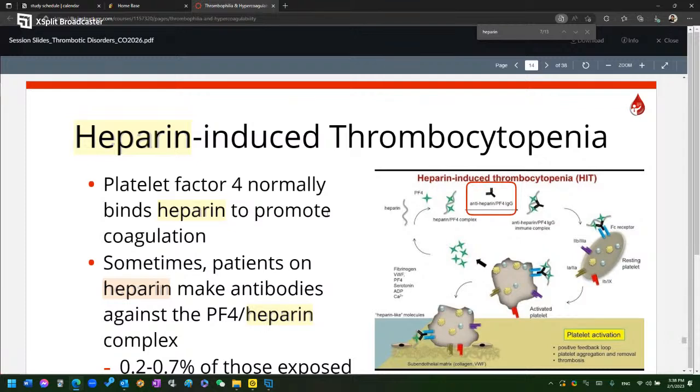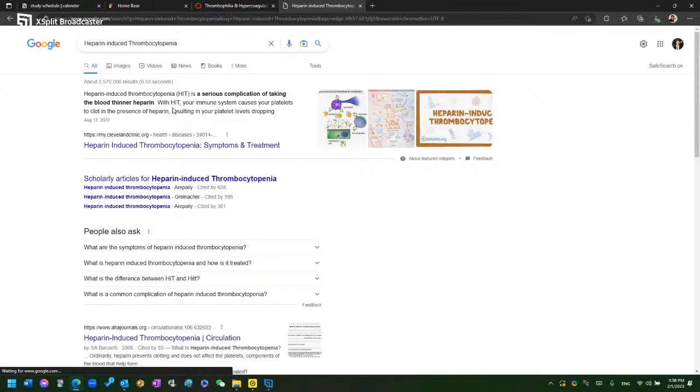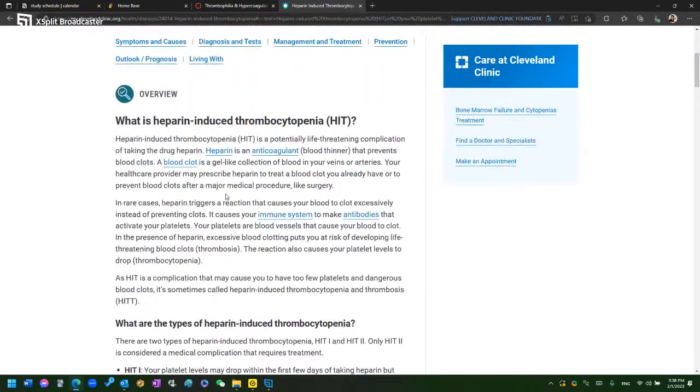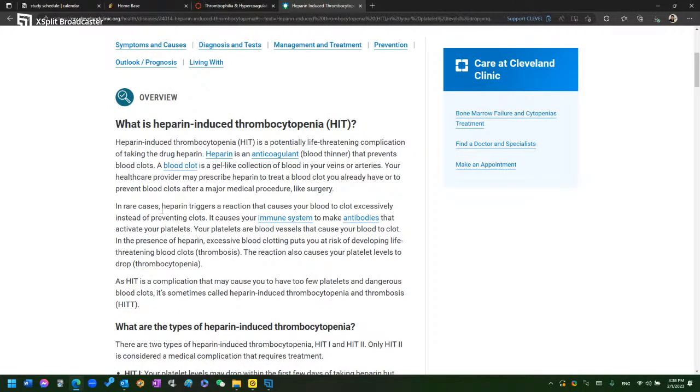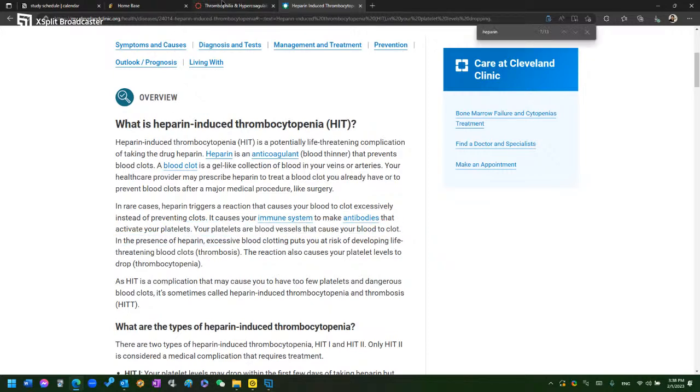But instead, if they have this antibody, sorry, this is quite complicated.